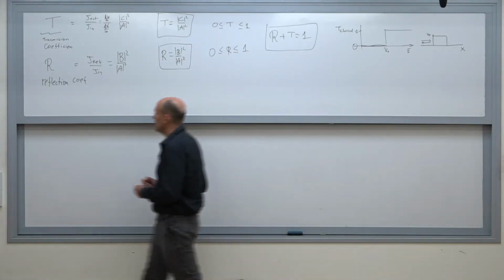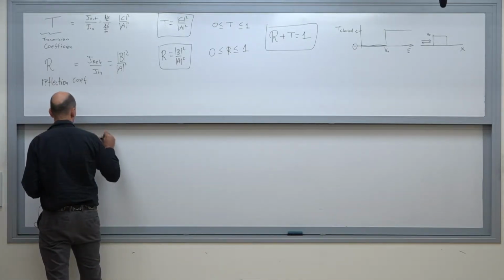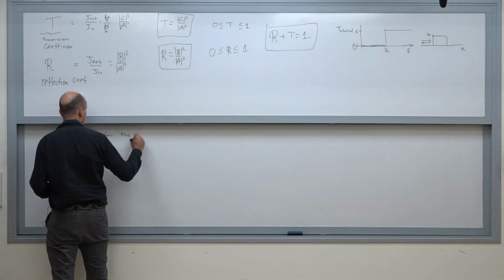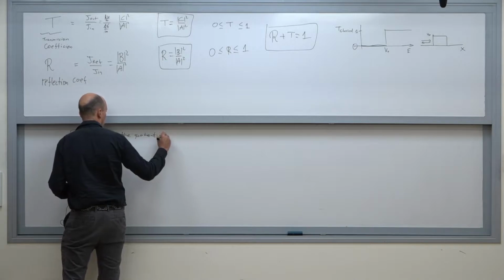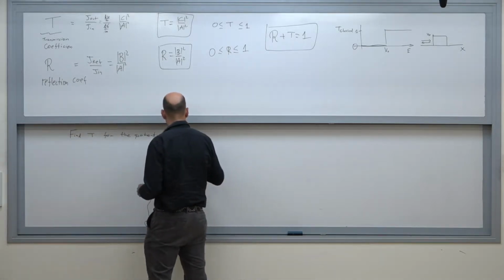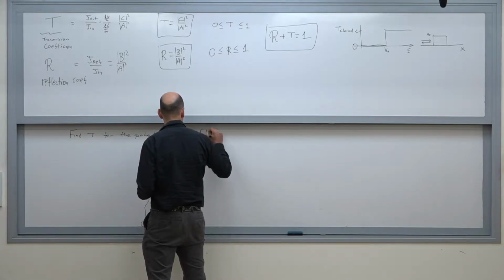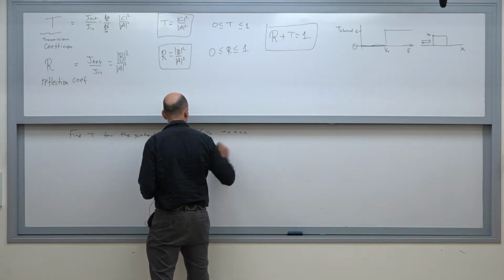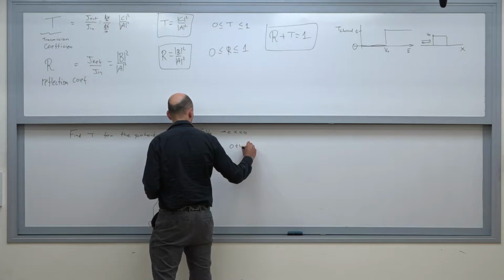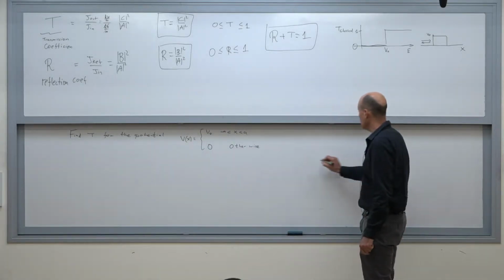So our goal is to find T for the potential V of x equal V0 when x is between minus A and A, otherwise it's 0. So this is a step potential.